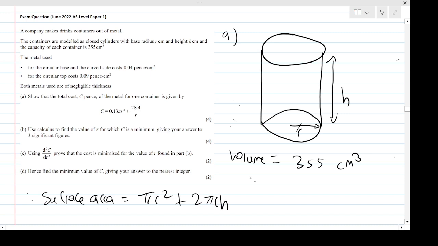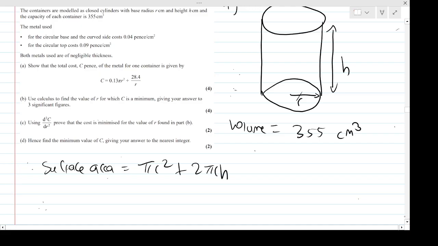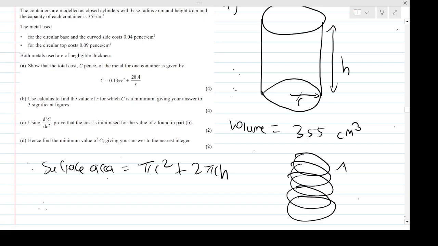I remember that because of the idea that really a cylinder is just a bunch of circles stacked upon each other with the same radius. Although obviously my sketch is a bit bad, they're all the same circles, all stacked upon each other up to a height of h. So if you imagine the surface area of the side here, it's the circumference of all the circles combined.